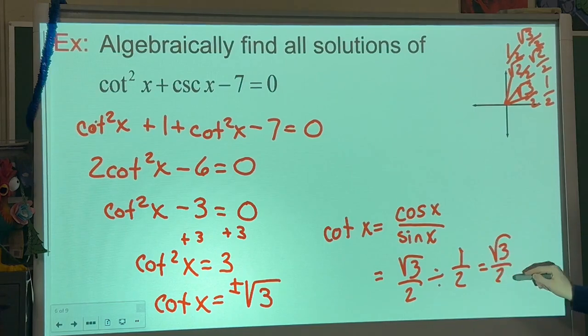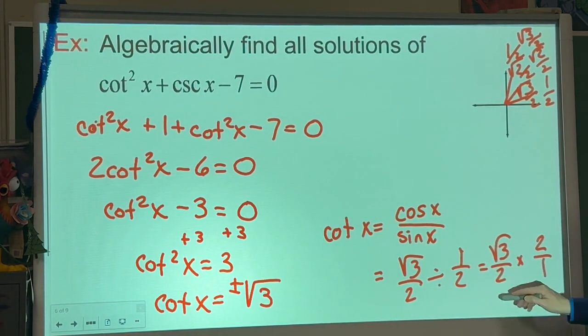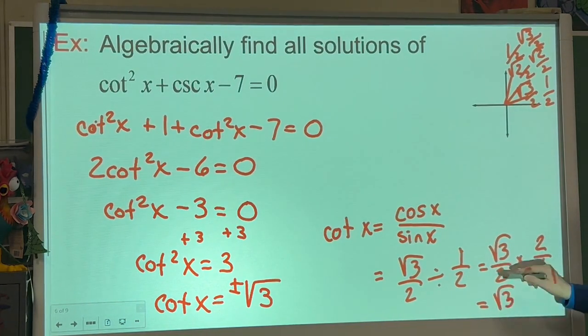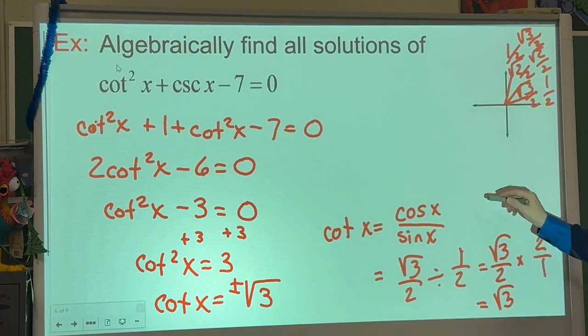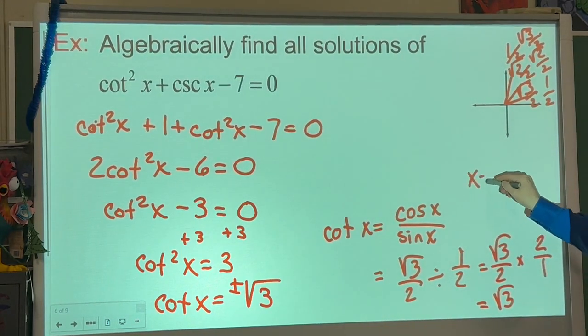Keep, flip, change to multiply. Look at that, the 2's cancel out. I get radical 3. Good choice. We got so lucky. So x equals 30 degrees.